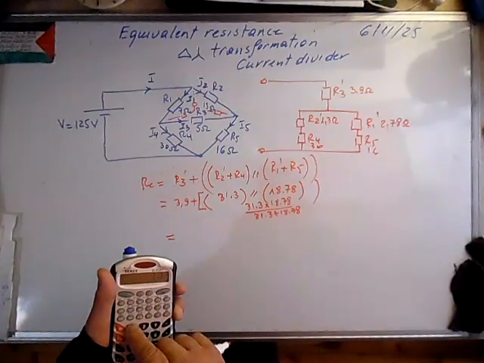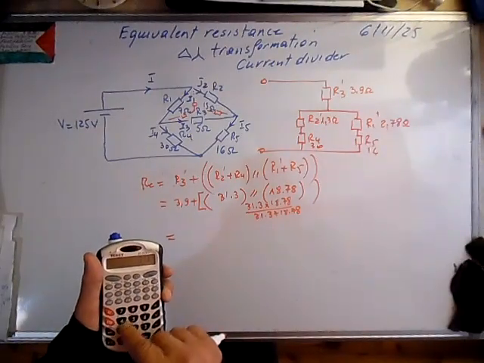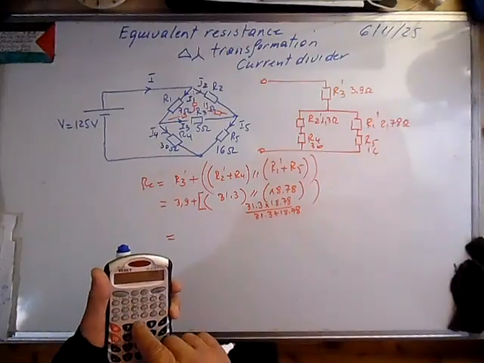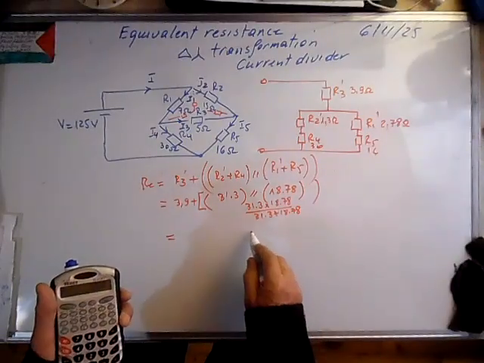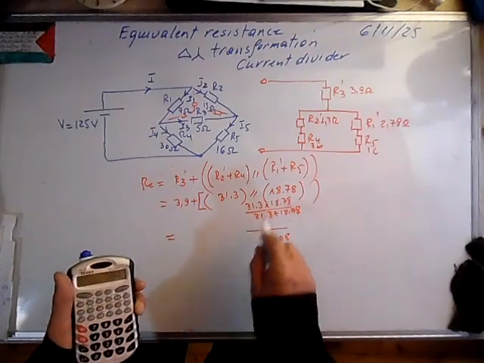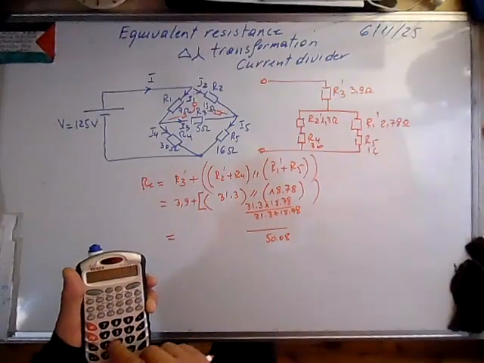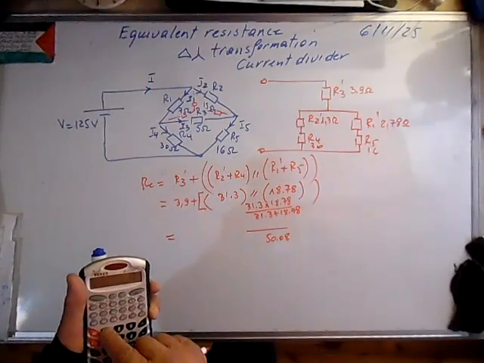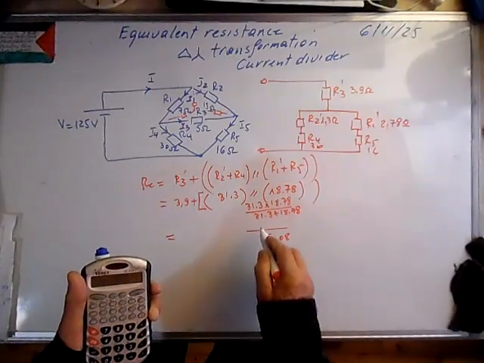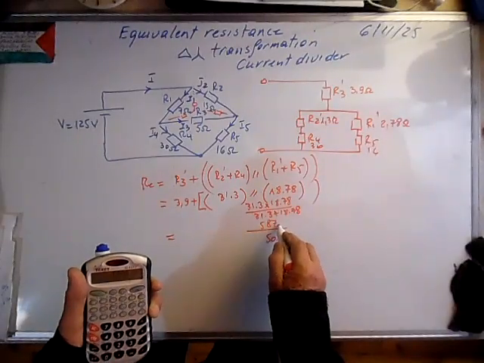So 31.3 plus 18.78 is 50.08, and 31.3 times 18.78 is 587.8.